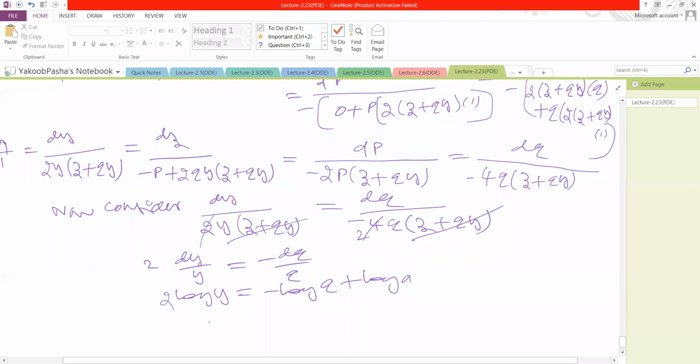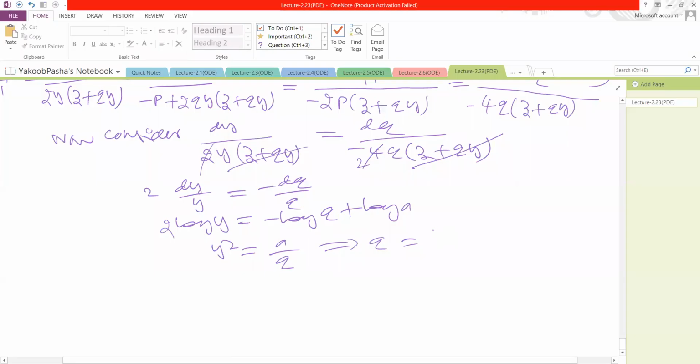So we can write y square is equal to a by q, from this dq by minus 2q (z plus qy). So q is equal to a by y square. We have the q value, and substitute in equation number 1.